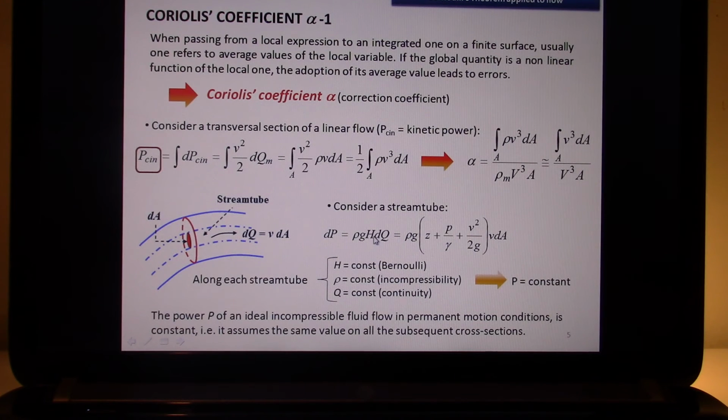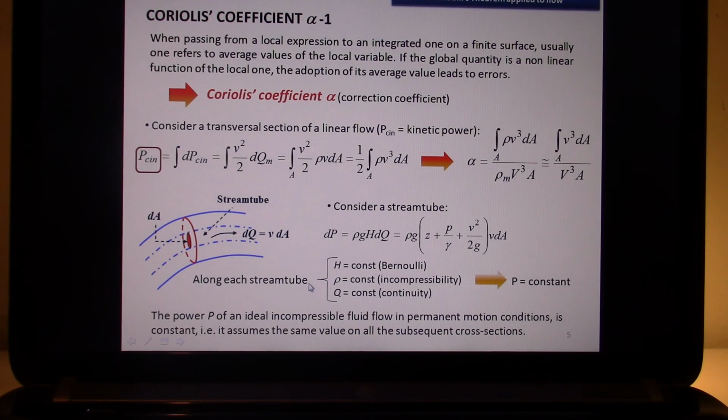Recalling Bernoulli's theorem, this can be expressed as rho g times, inside the brackets, your total head h, and dq is the volumetric discharge, so it's the velocity times the infinitesimal area.